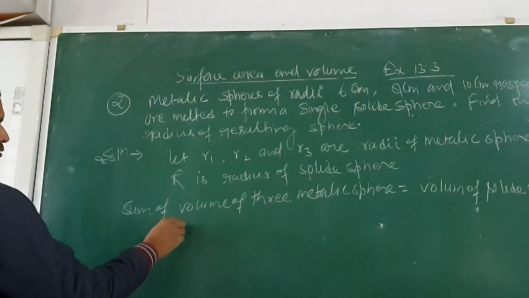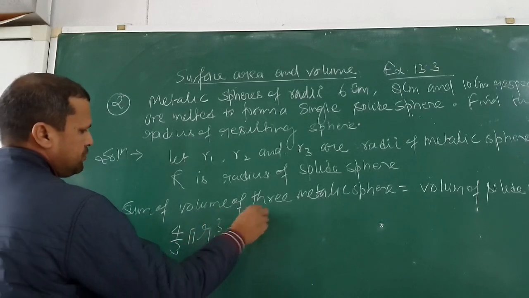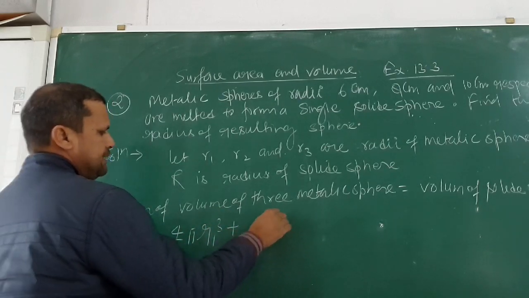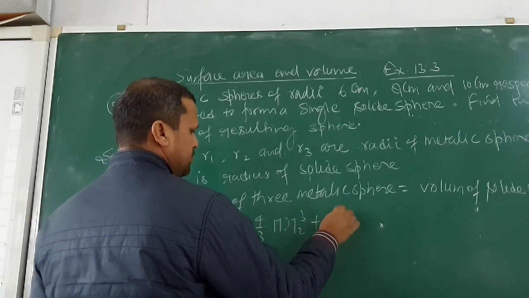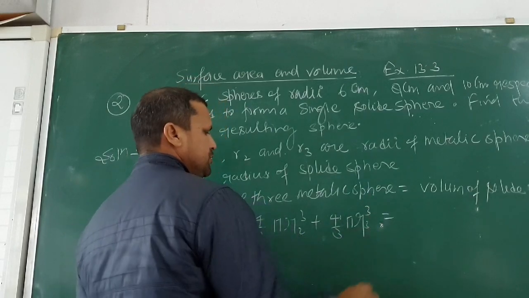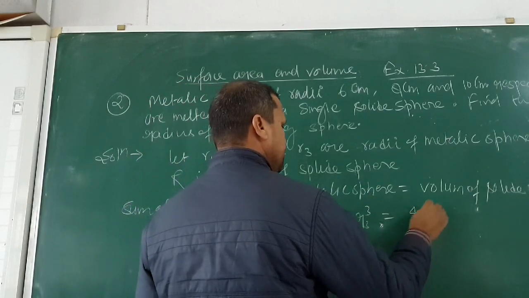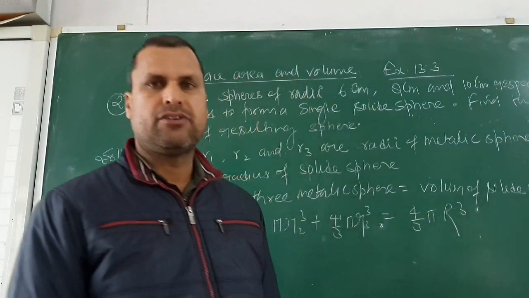So 4 by 3 pi r1 cube plus 4 by 3 pi r2 cube plus 4 by 3 pi r3 cube equal to 4 by 3 pi capital R cube.